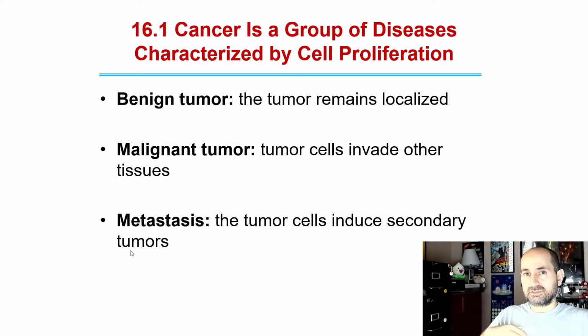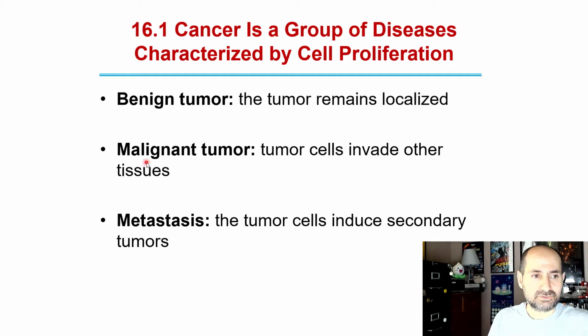So if your lung cancer metastasizes, it might travel to the liver and grow in the liver. That's metastasis. If it stays as one little tumor in your lung and never spreads, that's a benign tumor, right? But you have to be careful because a benign tumor could incur another mutation and become metastatic.